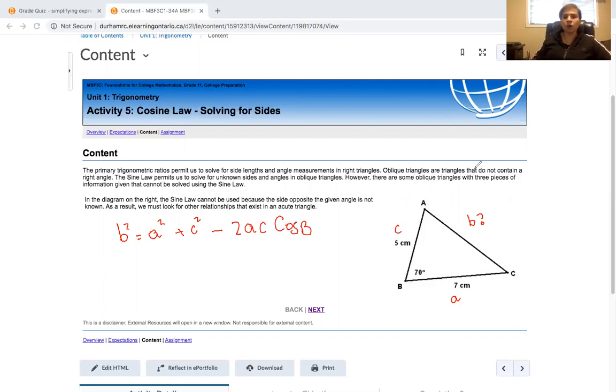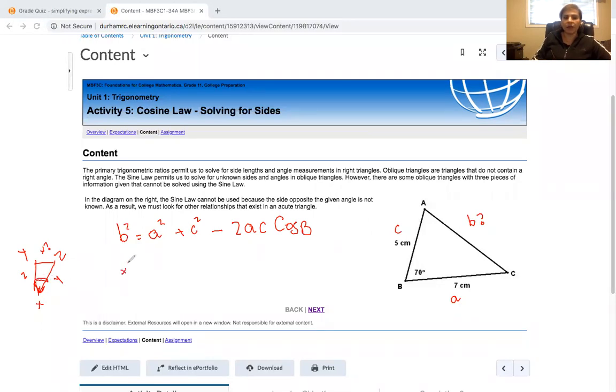Now, this could be called whatever letters, right? I could have a triangle with letters X, Y, Z, right? I know side Z, I know side Y, I'm looking for side X, then the formula is going to stay the same. So basically I know angle X here, right?